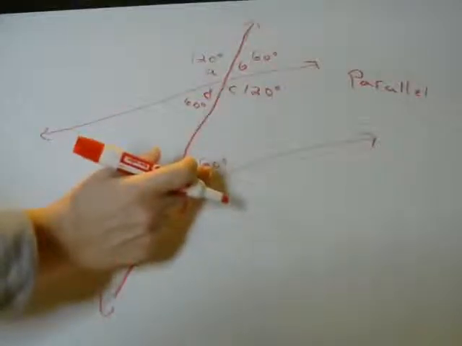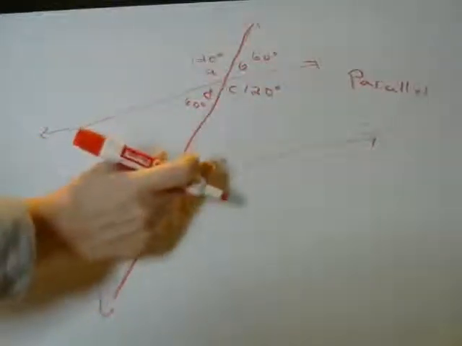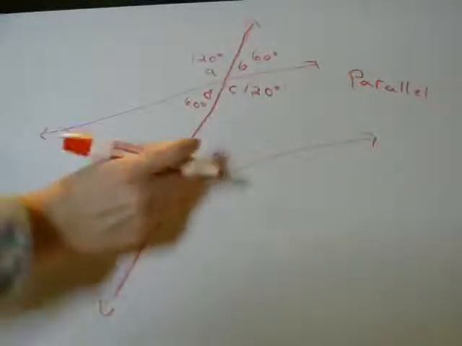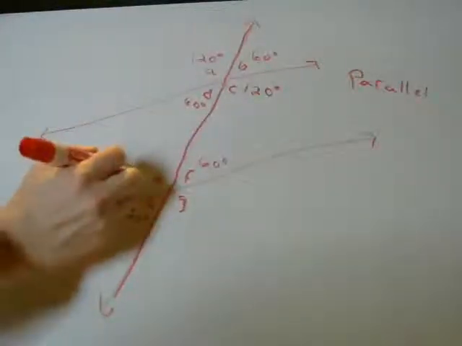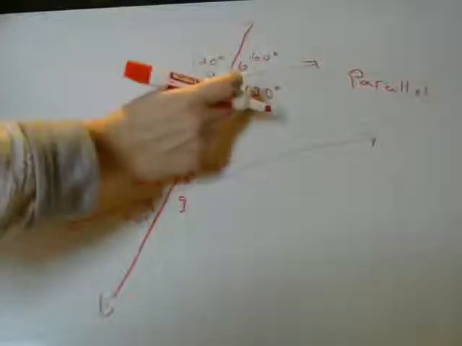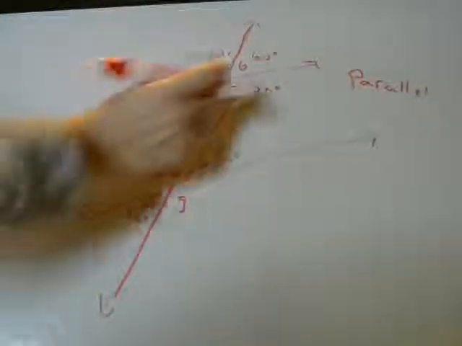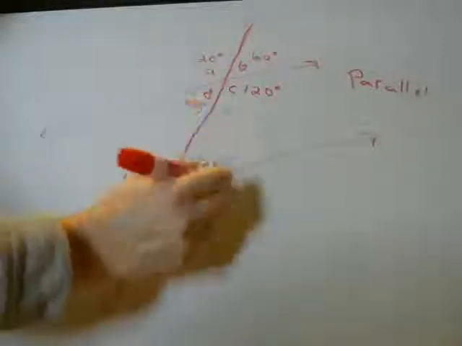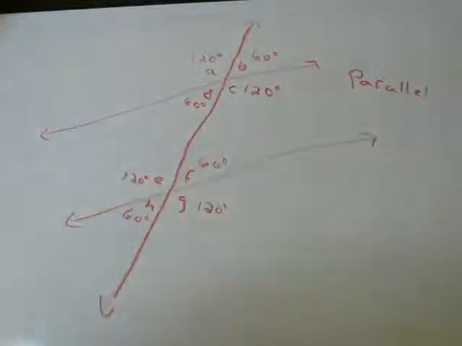We just need to know one angle, right, when we have two crossing lines. So if angle F is 60, angle H is 60, angle E has to be 120 because these two have to equal each other. But also look at these two are going to be the same too. And then we know G has to be 120 because 60 and 120 equal 180.